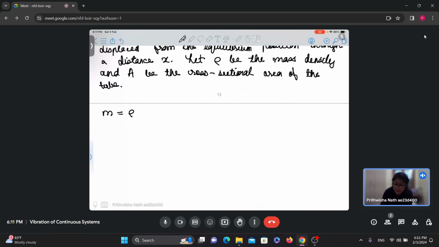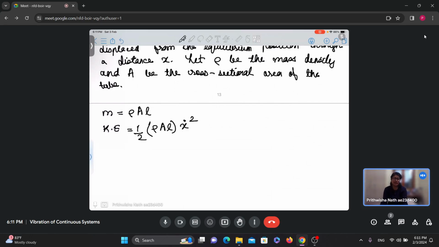Density we already know as rho, and volume is A into L. So the kinetic energy for the liquid column is half into mass, that is rho AL, into x dot squared. x dot is the velocity of the liquid column.